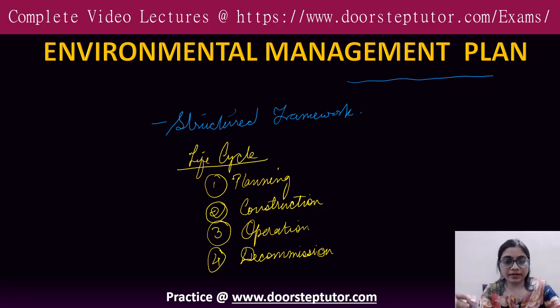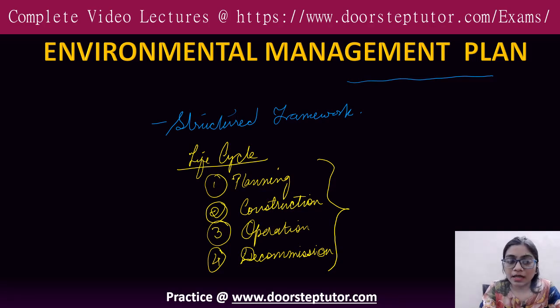So these are the stages in the life cycle of any project, and we have to make sure that EMP is implemented at each step of the life cycle of the project.